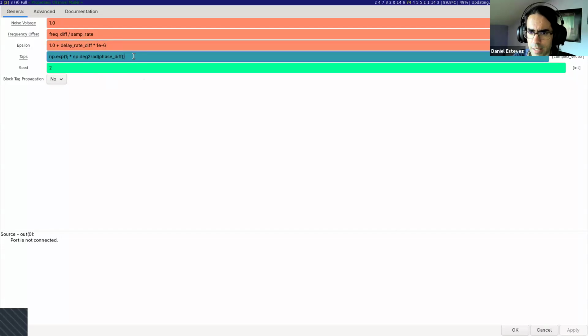And finally, in the taps, I just want the complex phasor, which when multiplied by the signal is rotating the phase by this phase difference, which is in degrees. And such a complex phasor is the complex exponential of 1j multiplied by the phase, but the phase needs to be in radians. So we use NumPy to convert from degrees to radians.